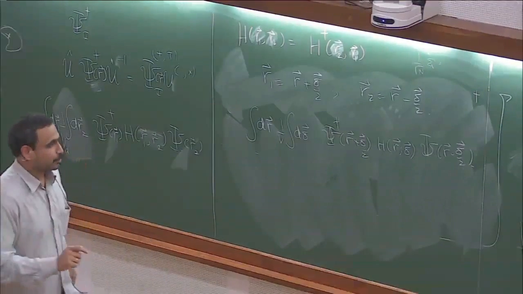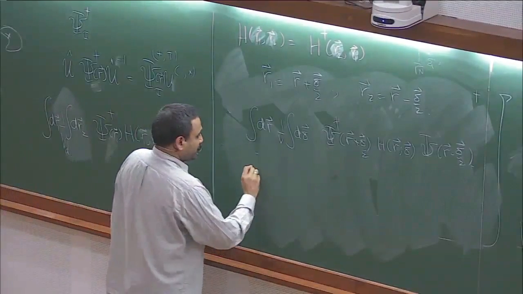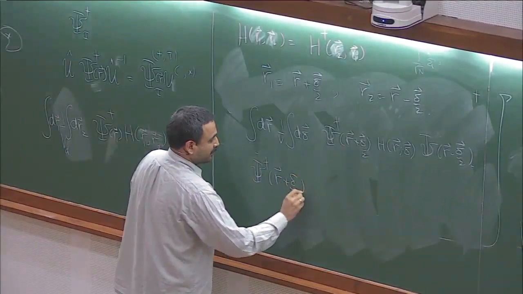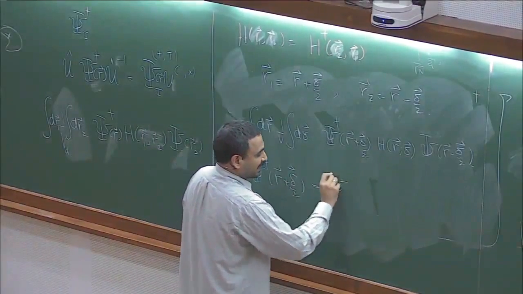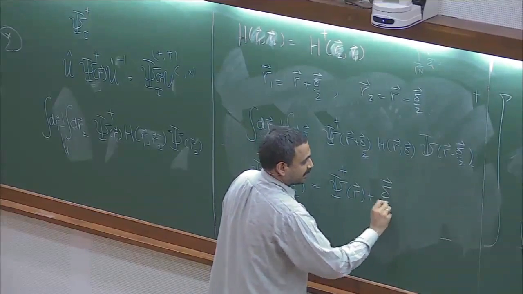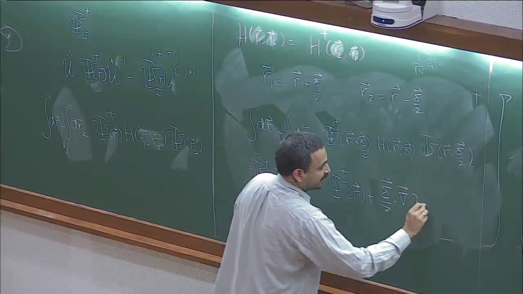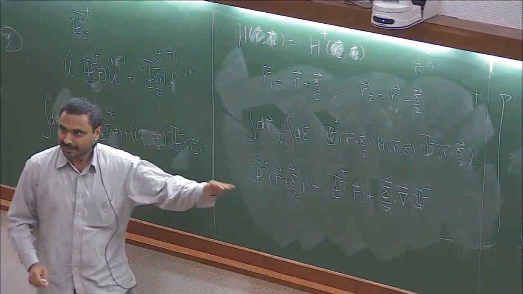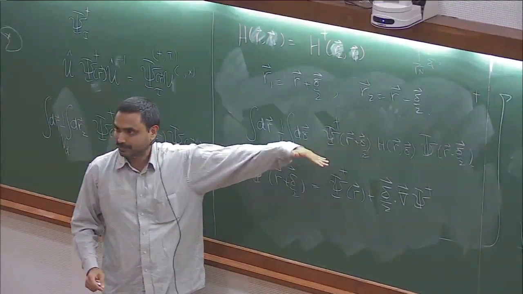Let me show you how to do that. I will take psi dagger r plus delta by 2, and write it like a gradient expansion, psi dagger r plus delta by 2 dot gradient psi dagger, and I substitute this back into this.